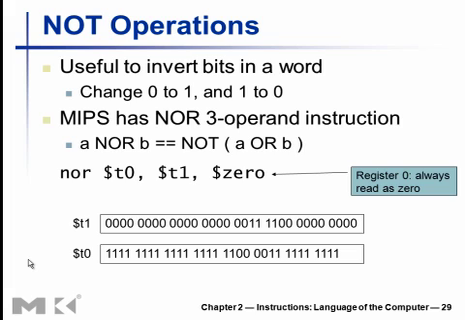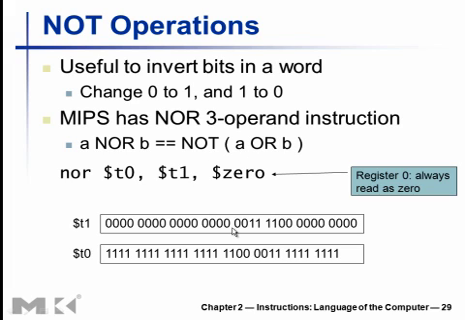Now the NOT operation. Instead of NOT, we use the NOR instruction. So again, if we NOR T1 with T0, it's actually doing NOT (A or B).